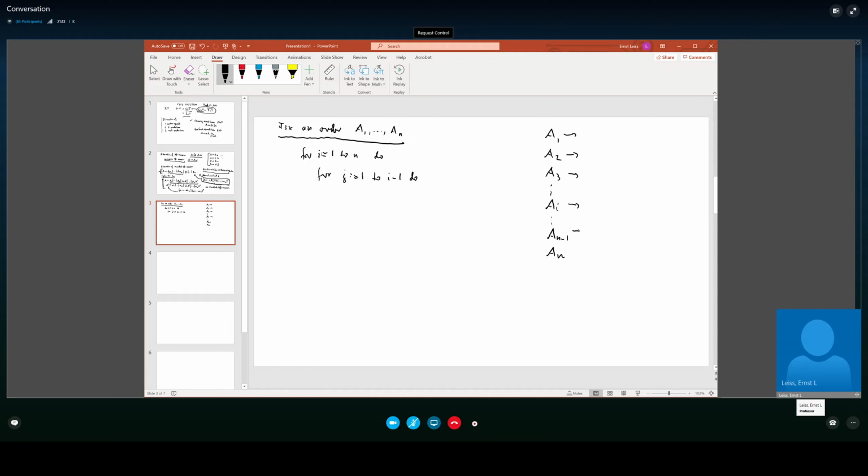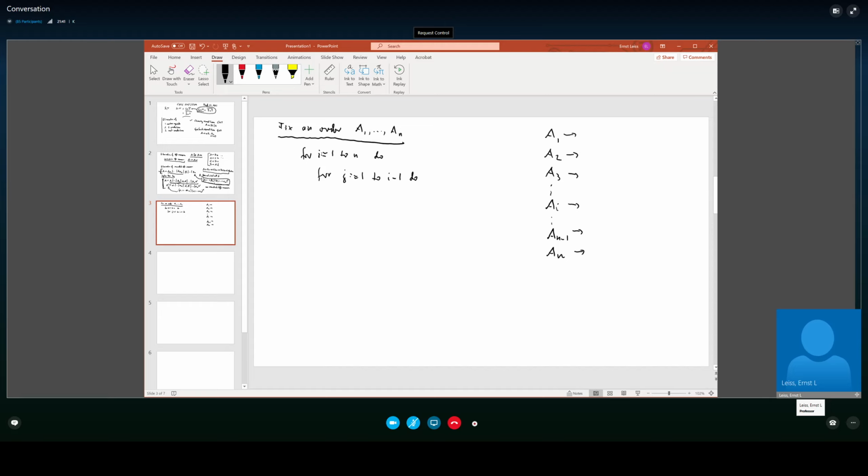We're going to change the productions in such a way that whatever an Ai production has on the right-hand side cannot start with anything that is Ai or Ai minus 1 or anything above.